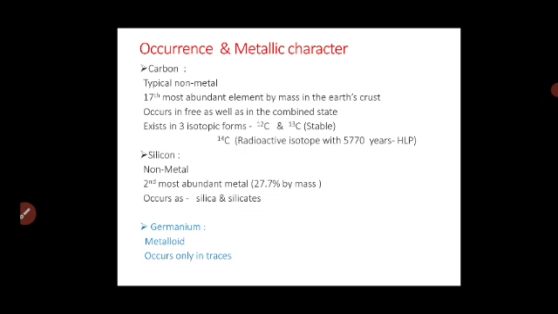And how much is its duration? That is the time to become half of the initial concentration. It is the half-life period, and that is 5770 years. Means to reduce it to half of the initial concentration, it requires this much time duration, and this is called the half-life period.